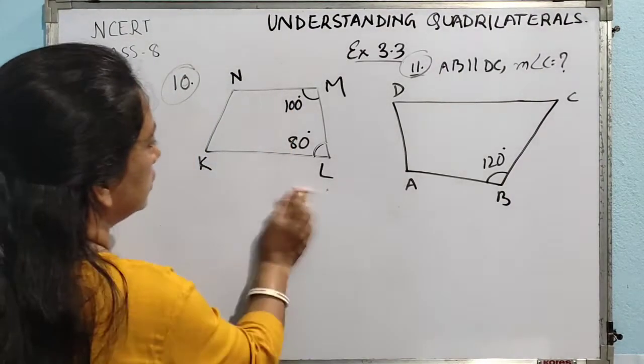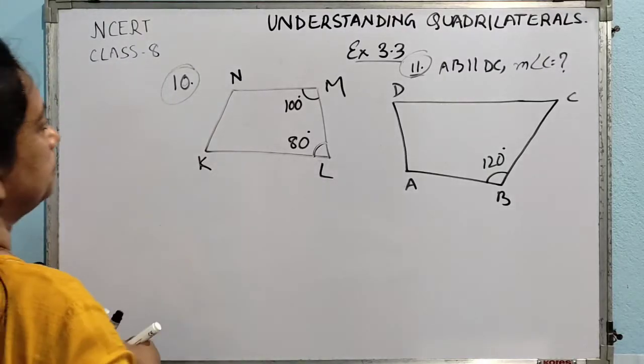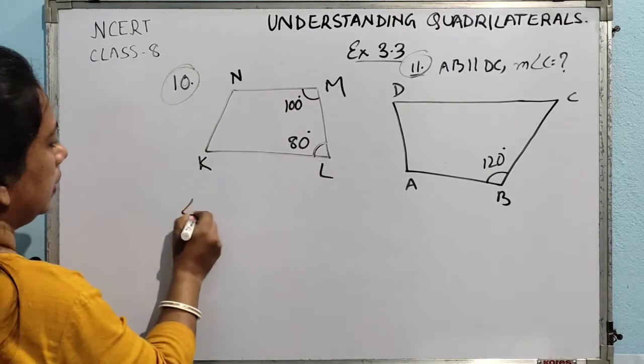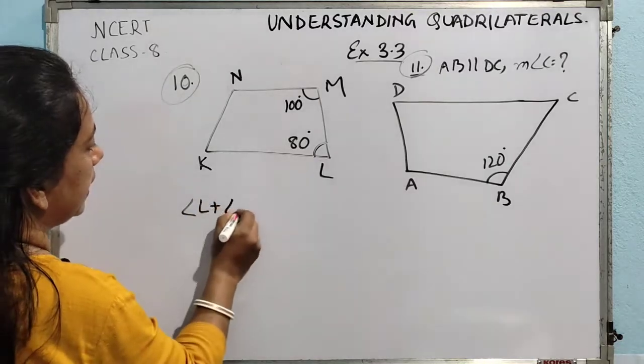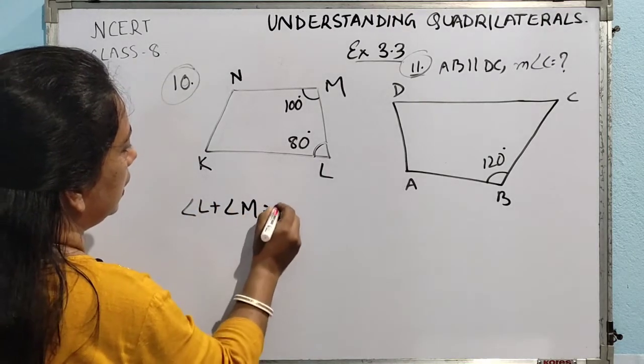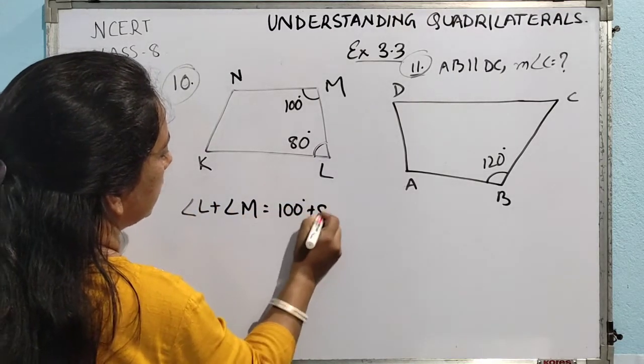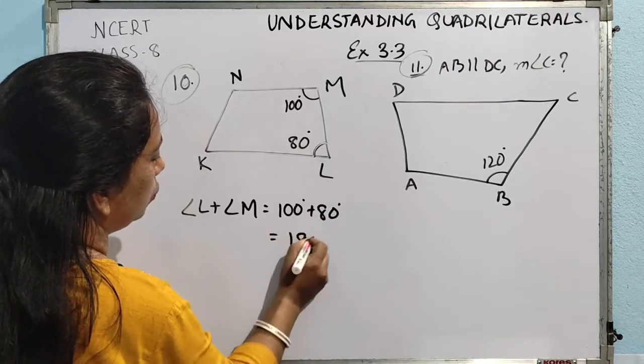Just write it. Angle L plus angle M is equal to 100 degree plus 80 degree, that is equal to 180 degree.